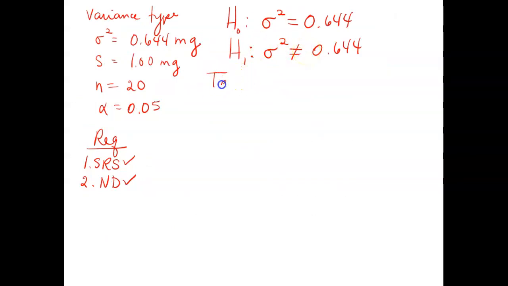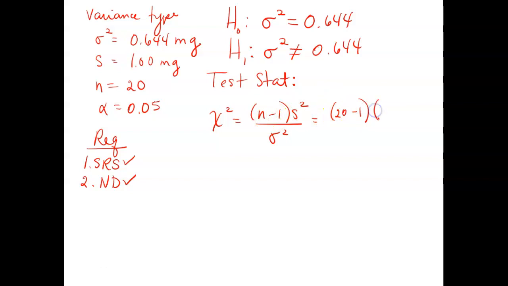Okay, so we're ready to find our test statistic. So our test statistic is chi-squared equals n minus 1 times s squared over sigma squared. So my n minus 1, n is 20, so 20 minus 1. s is 1.